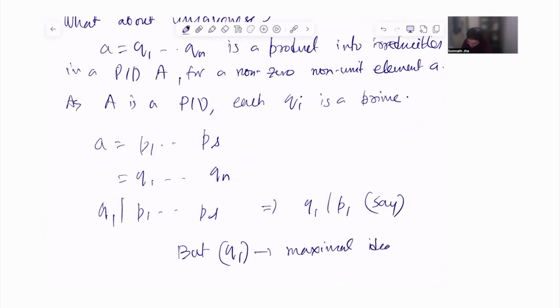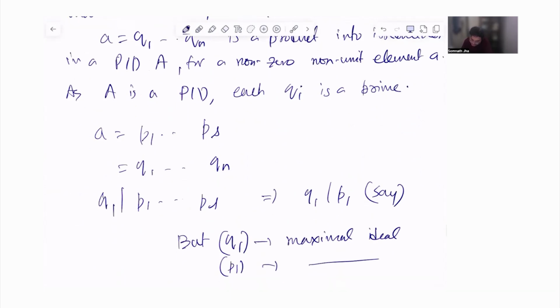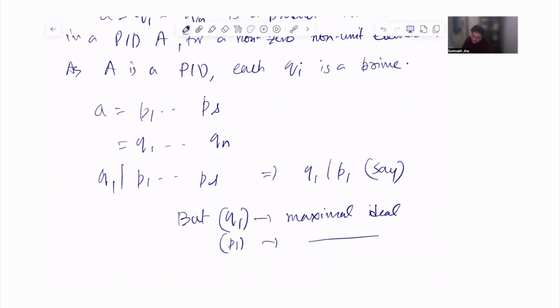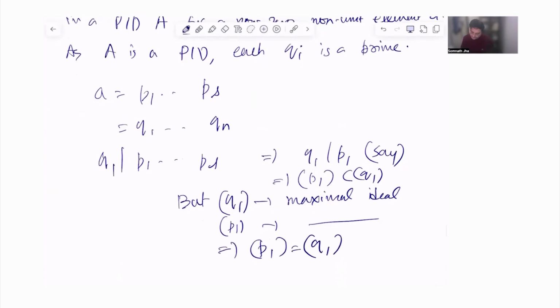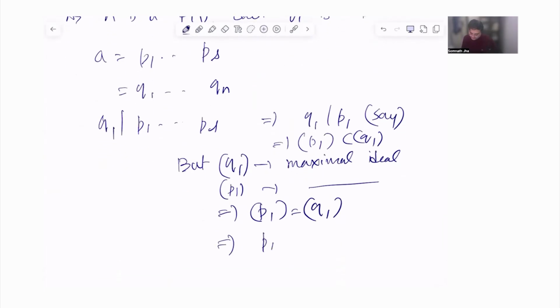It's a non-zero prime, and so is P1 also a maximal ideal. And it divides. This means that P1 is contained in Q1. So this implies P1 equals Q1 as an ideal. So P1 equals lambda1 times Q1, where lambda1 belongs to A, a unit.